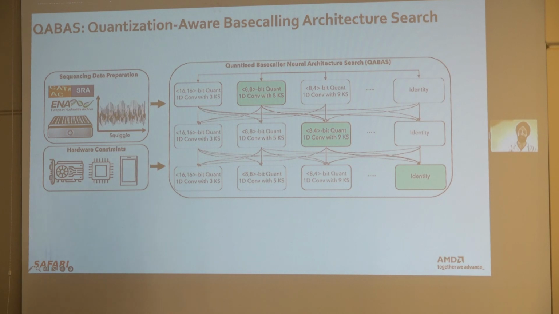Identity just maps the input to the output, so you can easily remove this block. So this kind of search space also helps us remove multiple blocks. In the end, we are not just trying to quantize the complete model into a single quantization space, but for each layer we are using a different quantization. So it really leads to a completely mixed precision architecture.